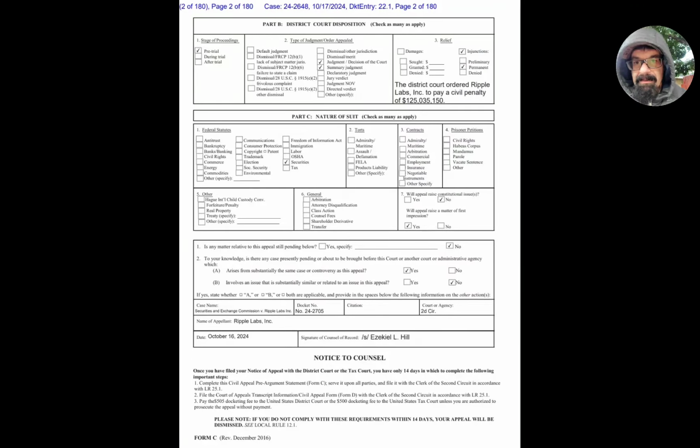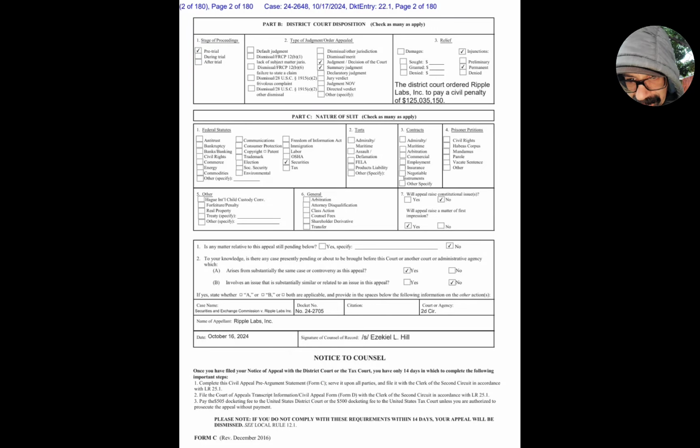Then we have the stage of proceeding: pre-trial, judgment, decision of the court, summary judgment, permanent injunction. The district court ordered Ripple Labs to pay $125 million, and so on. Federal statute, securities. Will the appeal raise constitutional issues? No. Will the appeal raise a matter of first impression? Yes.